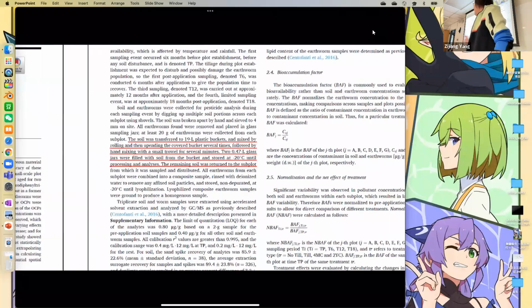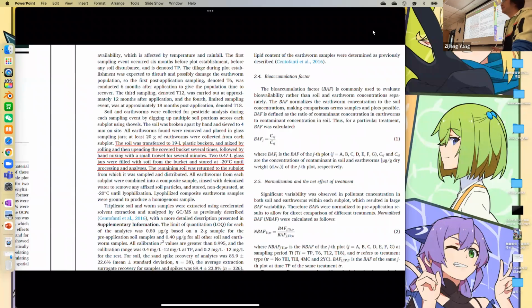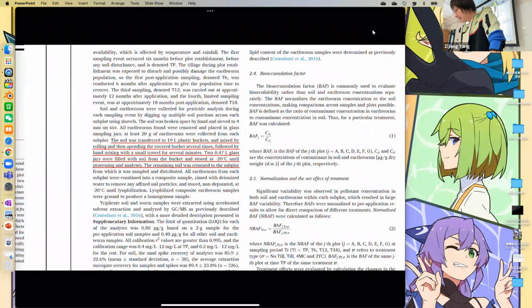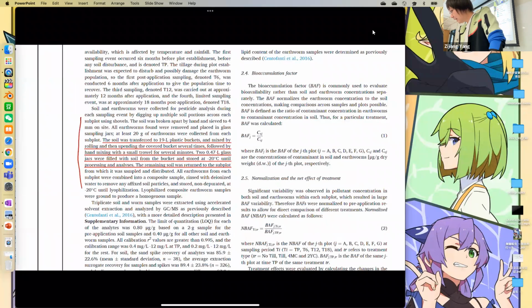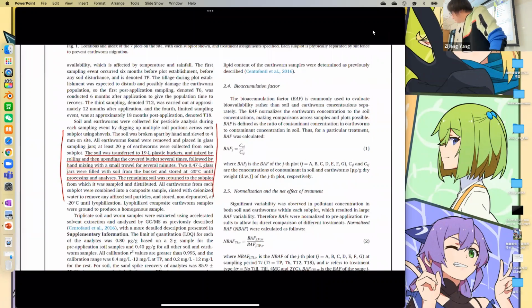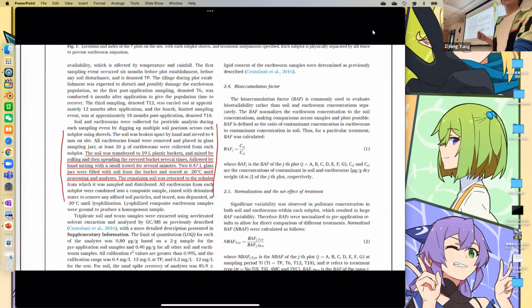Because we have done our own research in this paper, we just modified our methods to what we did in yesterday's lab. This is the original method of our sampling, I guess this is a little bit too small. So you can take a look at this, and we just revised this original method for our lab.